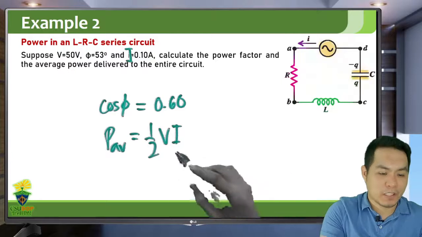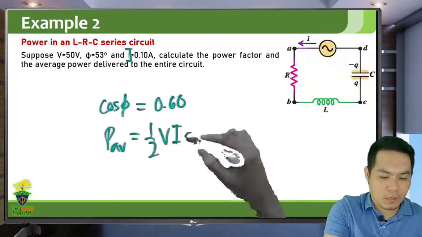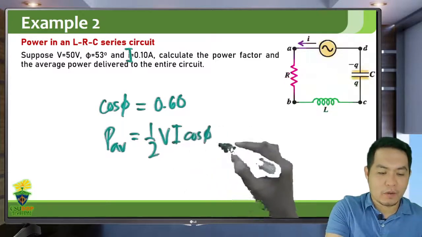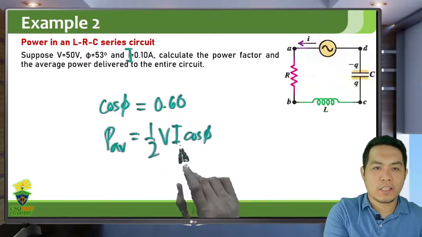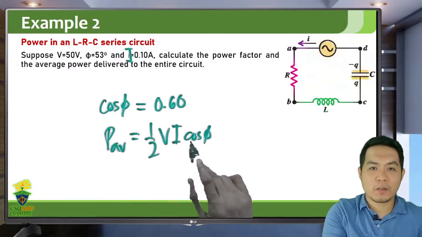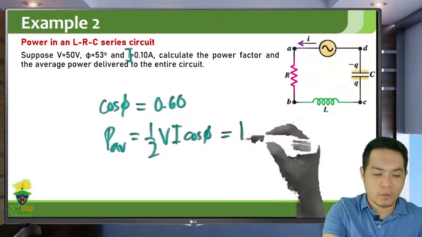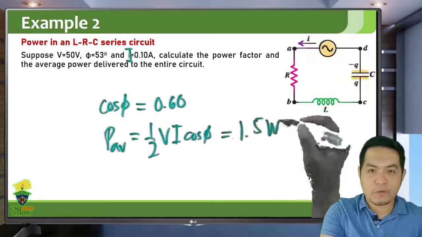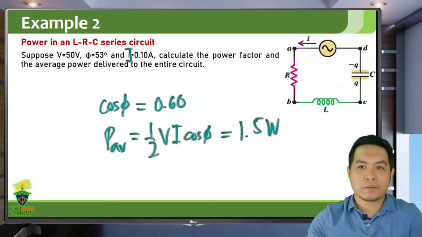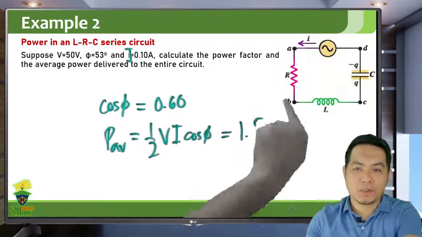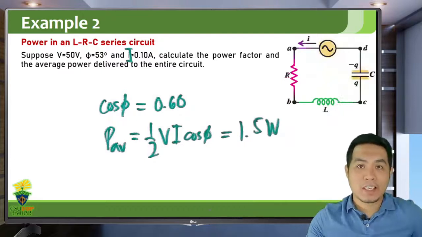This is the maximum current and the maximum voltage. So you have 50 volts, 0.10 amperes, and 0.60. And this will give you an average power of 1.5 watts. So this is the power delivered by this alternating source to the entire LRC series circuit.